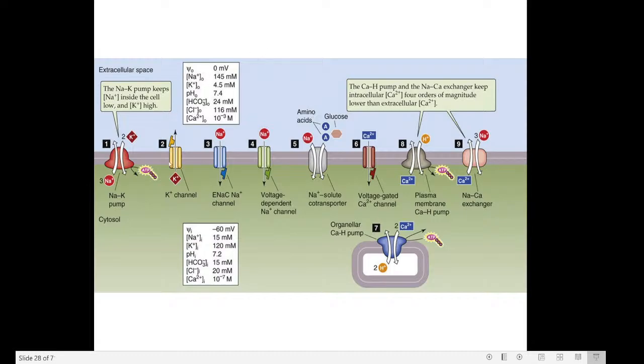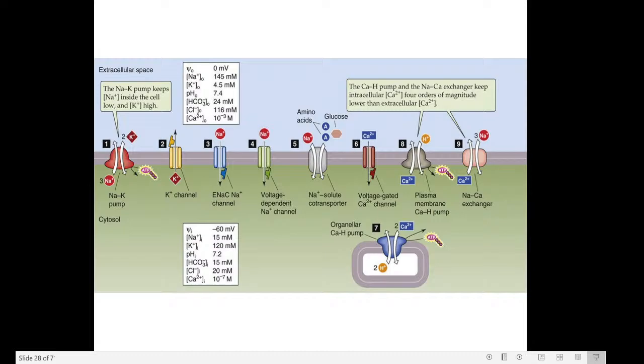The outer part concentrations are here. Sodium is at a higher concentration on the external surface, 145 millimolar, but inside the cell it is 15 millimolar. For the voltage, the psi value is 0 millivolts on the external surface, but on the internal surface it is minus 60 millivolts.